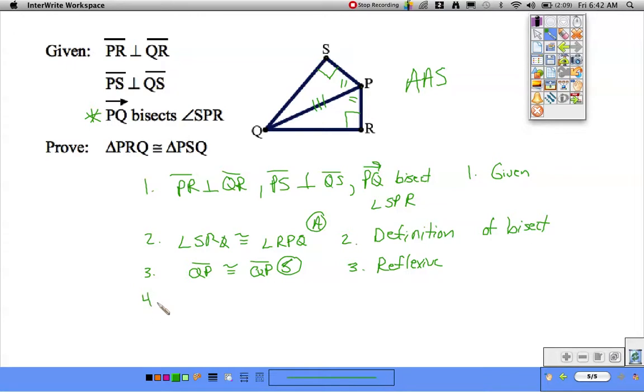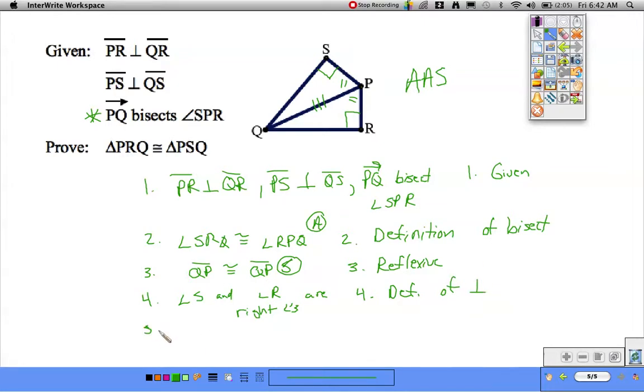Now here again is where some of you jump too fast. We looked at the right angles and knew they were congruent, but we need to say that in our proof. So again I need to say angle S and angle R are right angles. And I know they're right angles because I know what perpendicular means. So that's the definition of perpendicular.